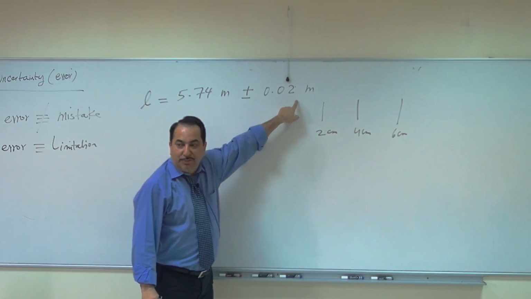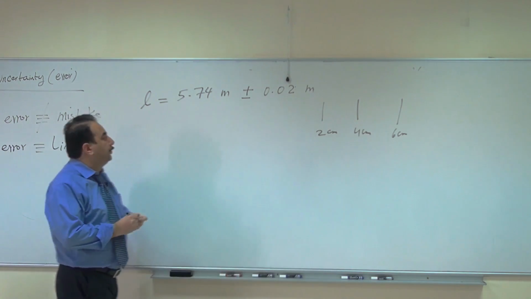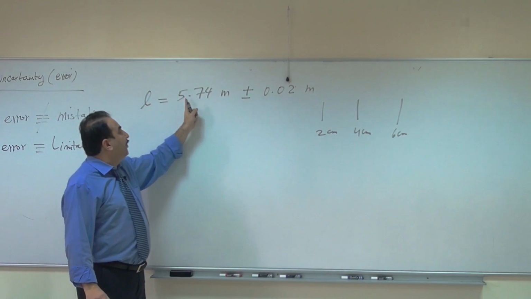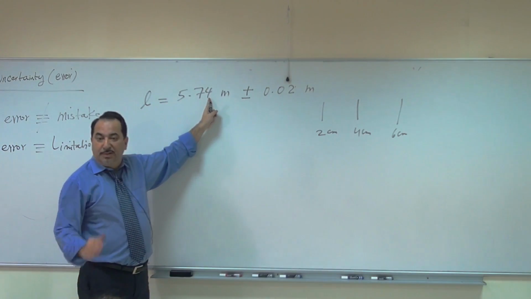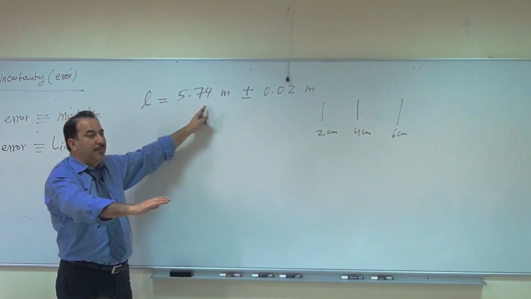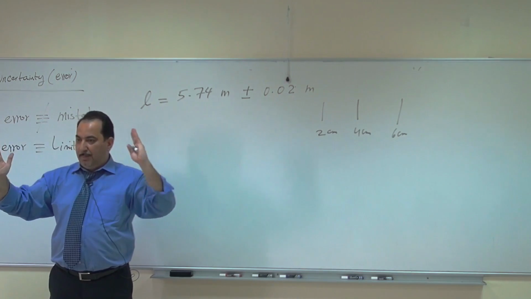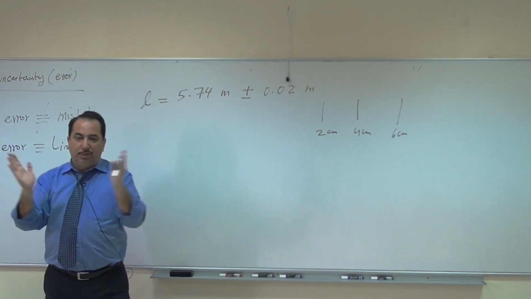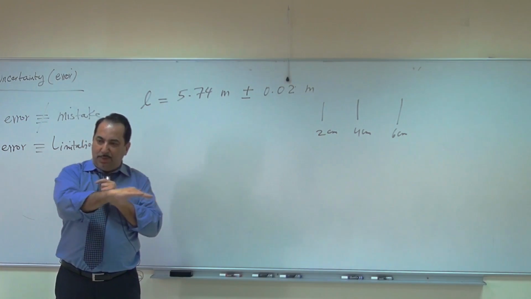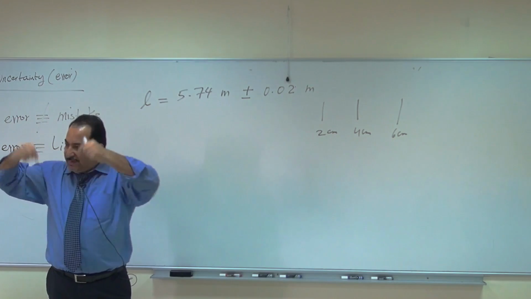So it's either the length of the room is 5.76 maximum or 5.72, and all the values between these are allowed. It's somewhere here. It could be a little bit more, a little bit less. How much? You can't say, because you don't have a scale.